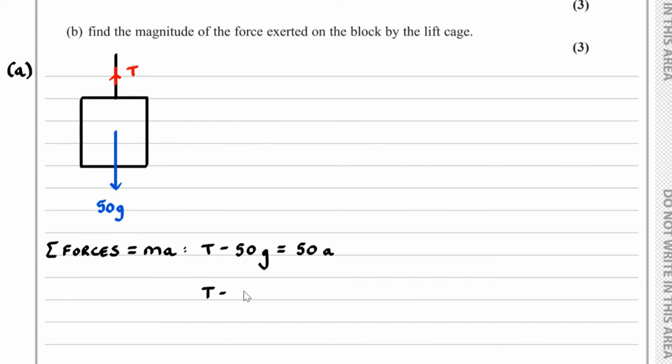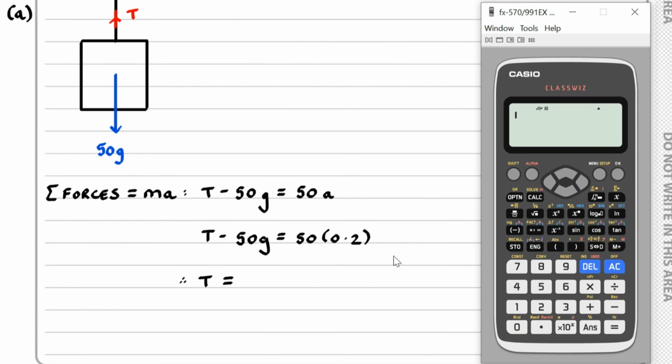So I've got T minus 50g equals 50 multiplied by 0.2. And therefore, if I find out what T is, 50 times 0.2 plus 50 times 9.8, that's 500. So we have 500 newtons.